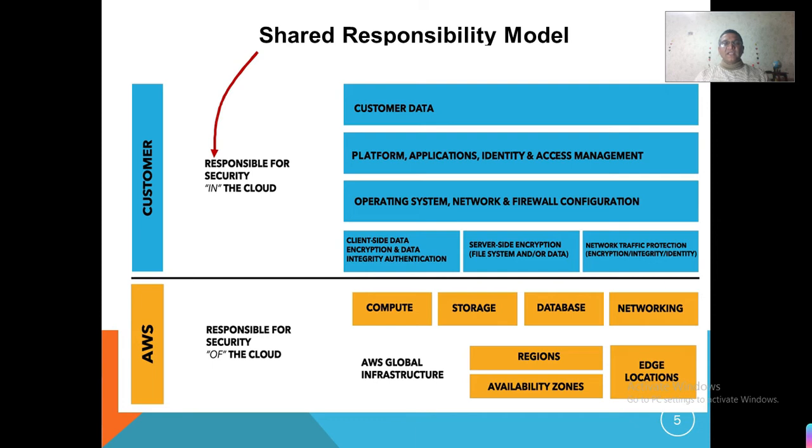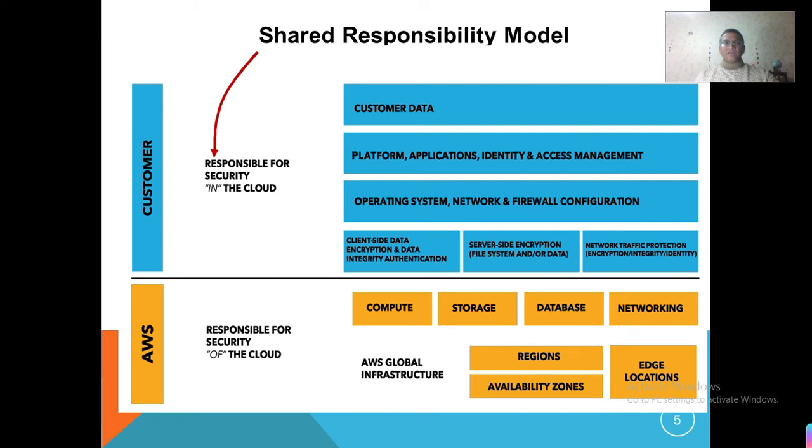We call it the AWS shared responsibility model, but this is a general strategy which we find in all the cloud models with all the service providers, that the responsibility is shared between the cloud provider and the cloud user. So if you see, the provider is responsible for the security of the cloud, and the customer is responsible for security in the cloud.